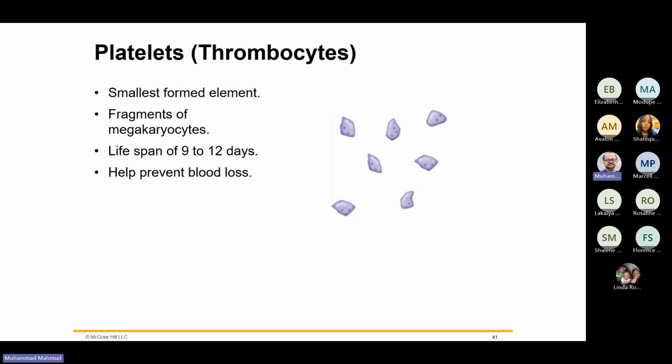After the cells comes the liquid part. You see here, the liquid portion of the unclotted blood is called plasma. If it is clotted, then it will become serum. Pale yellow, mostly water, contains several important solutes. So again, the point to note: if the blood is allowed to clot and then we separate, we get serum.